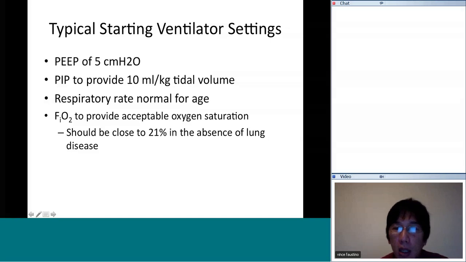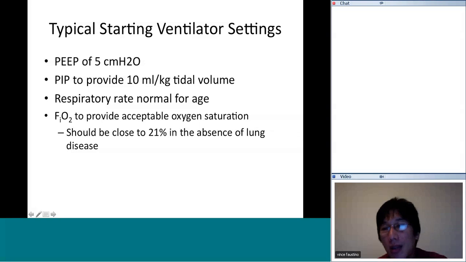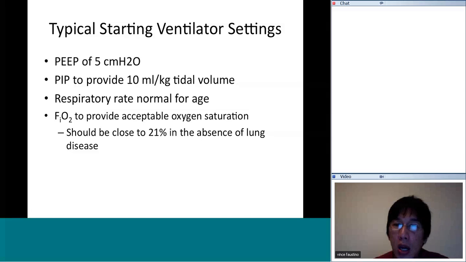But in general, in the absence of lung disease, which most of the post-op patients don't have, your FiO2 should be pretty close to 21%. Once you start reaching like 50% and you cannot achieve your acceptable saturation, that's usually a trigger for you to figure out whether there's an intracardiac shunt which was not detected after the surgery, or your lung disease is more significant than what you thought it was.